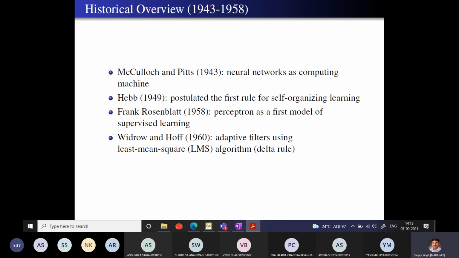Marvin Minsky died some two years back, and at that time he was a pioneer of AI in the world. Minsky and Papert said what the limitation of the perceptron is, but they never said that perceptrons are a useless idea.